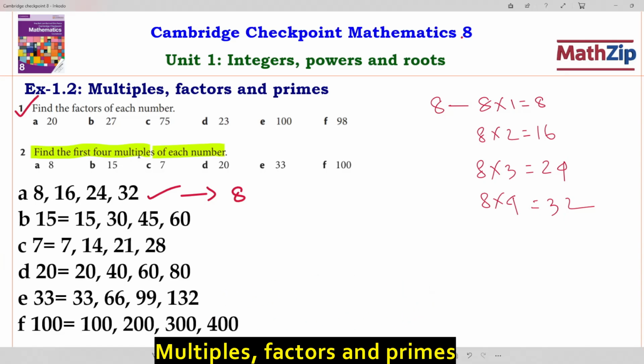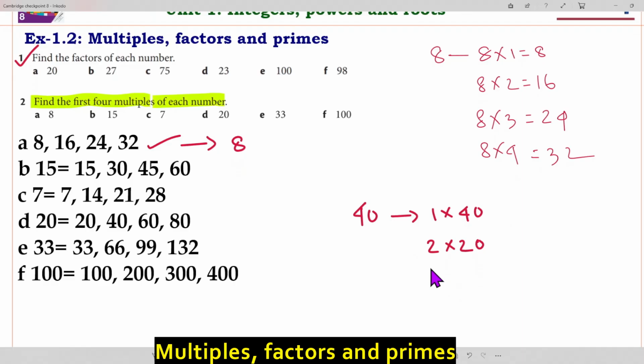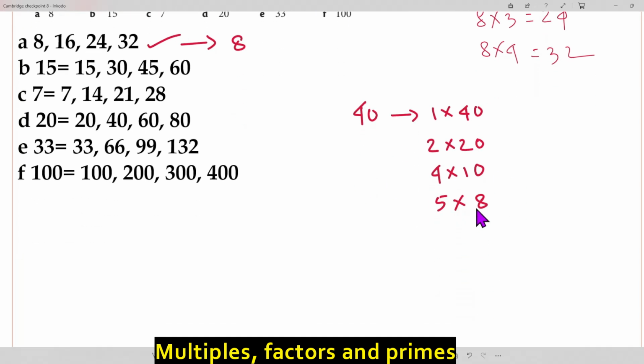It's a very simple thing. So let's say we have questions like find out the factors of, let's say, 40. So this one will become what? 1 times 40, 2 times 20, 3 is not possible, 4 is possible, 4 times 10, then 5 times 8, and then what next?